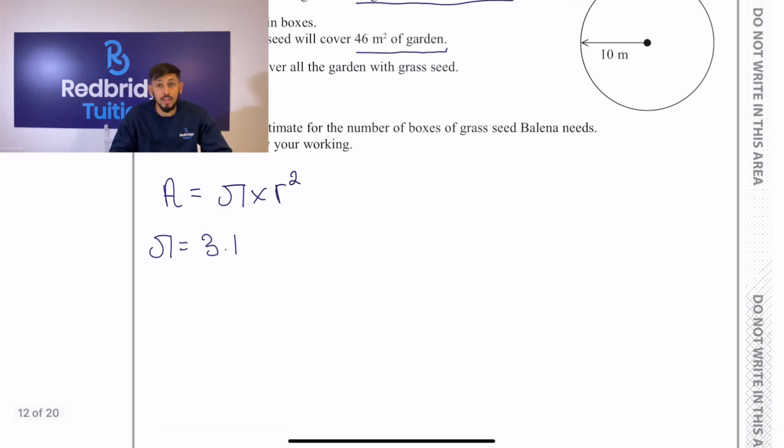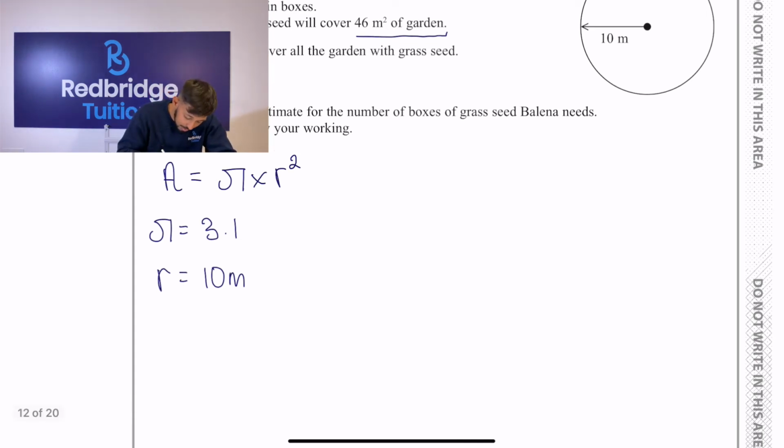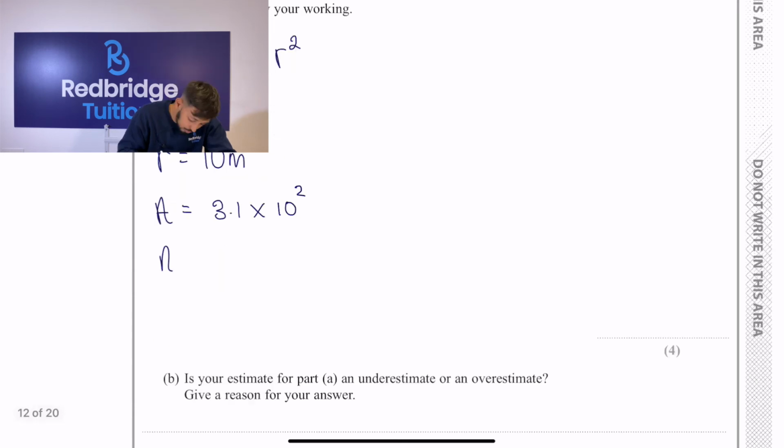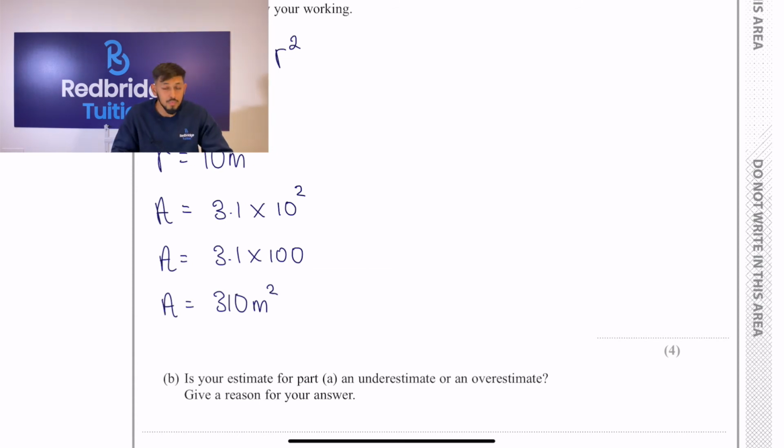Now the radius is given to us as 10 meters, and now we can substitute these values into the equation to work out the total area of the garden. So we have A is equal to 3.1 times 10 squared. To work this out, we say that 3.1 times 100 is equal to 310 meters squared. Now, this is the total area of the garden.